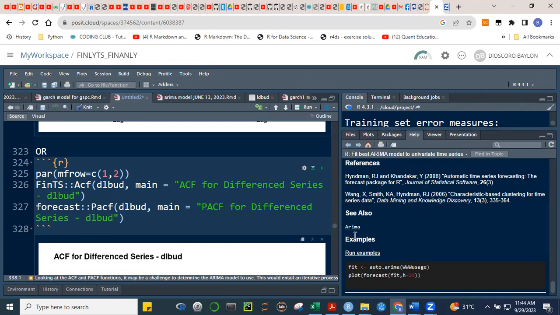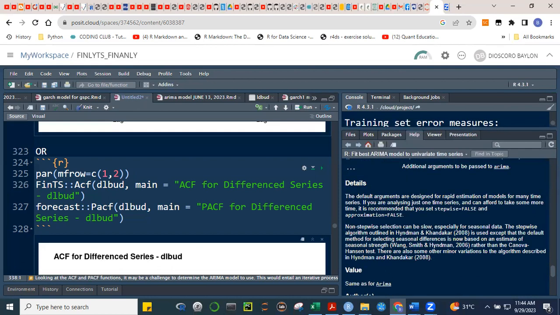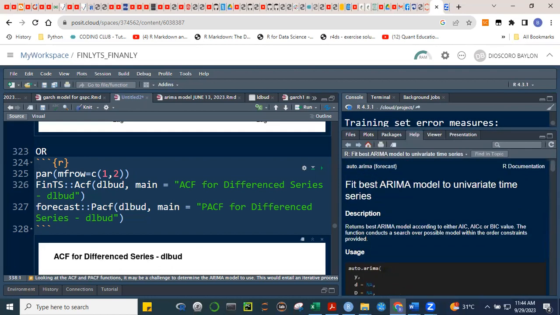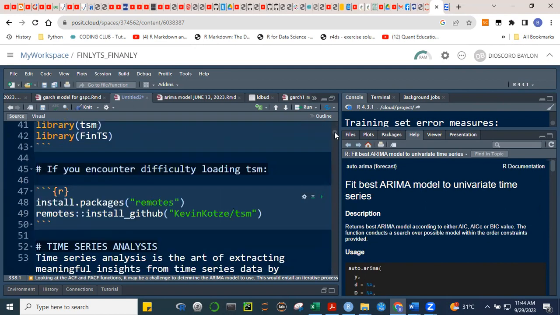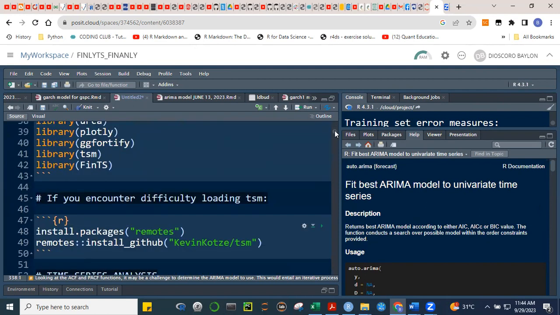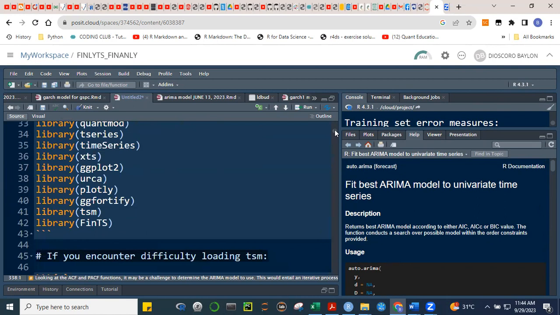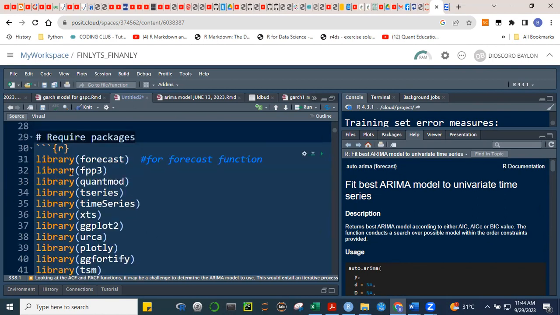So, and so this is from the forecast package, class. Baka hindi nyo pa in-install, class, yung baka hindi nyo pa nararan to. No? Kasi andyan yung forecast, no?